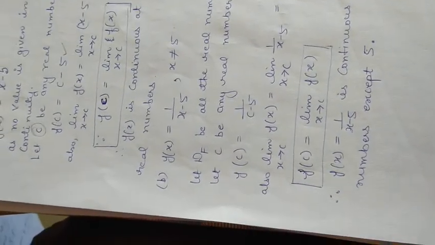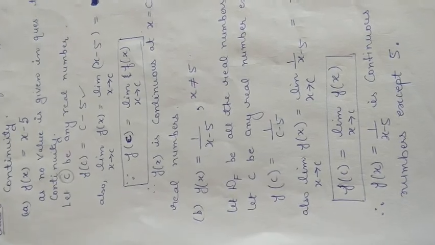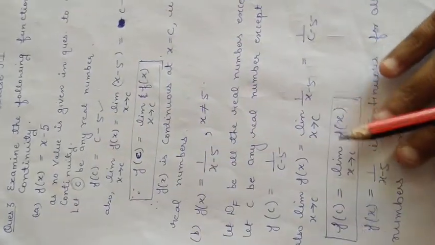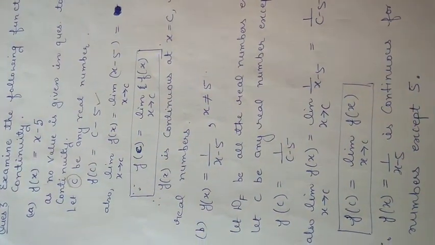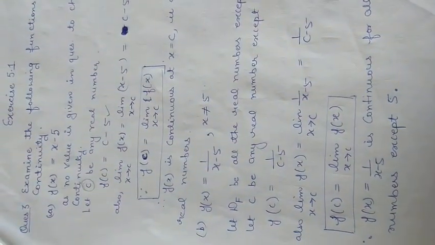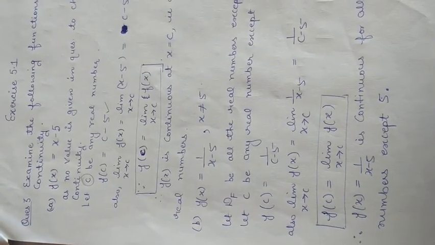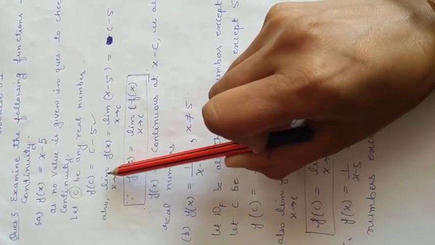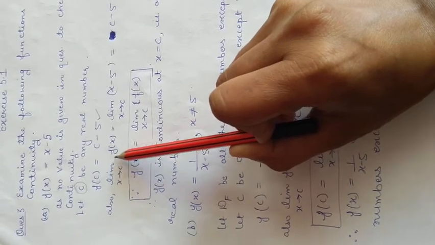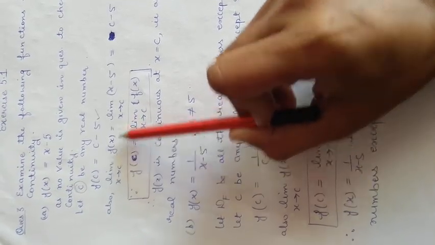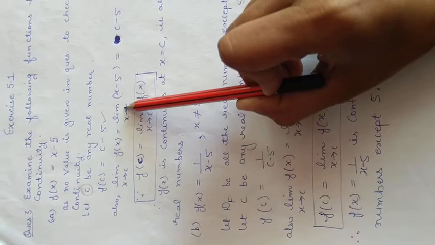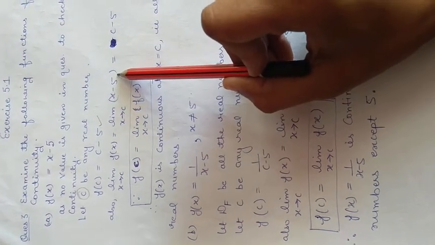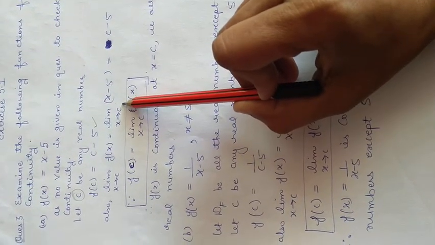Now बच्चे, as I have already told you, now I have to find out the limit, because I can say that a function will be continuous only and only if the value of the function is equal to the limit of that function at the same point. So look here, now I am finding the limit of f(x), x tends to c, is equal to limit x minus 5, x tends to c.